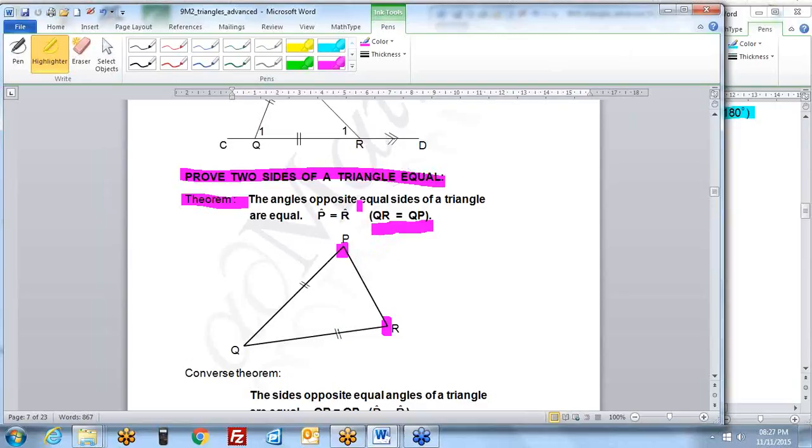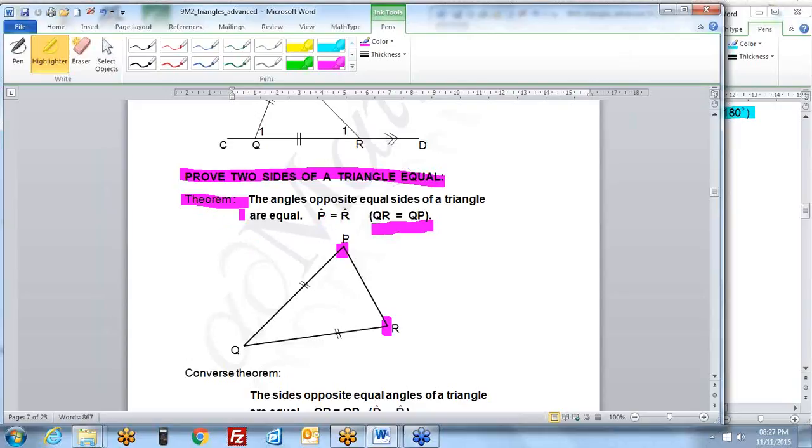So take note, they give you the sides, they're asking the angles. So in other words, the information that they give you will form the reason. The part that they ask is what you write first. So they give you the sides, that will be your reason, and they ask you the angles.